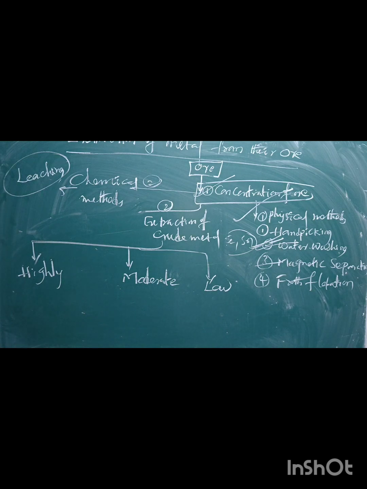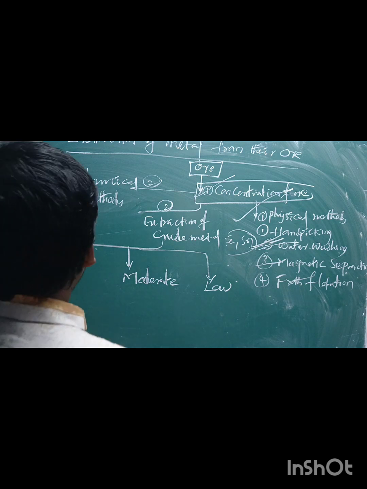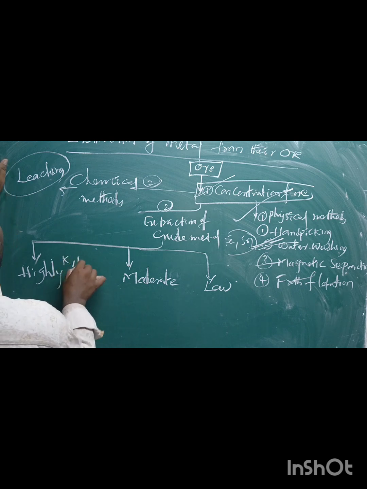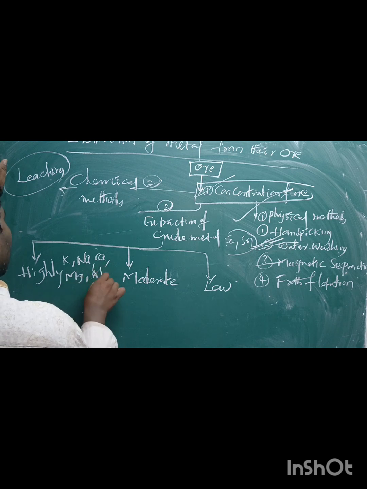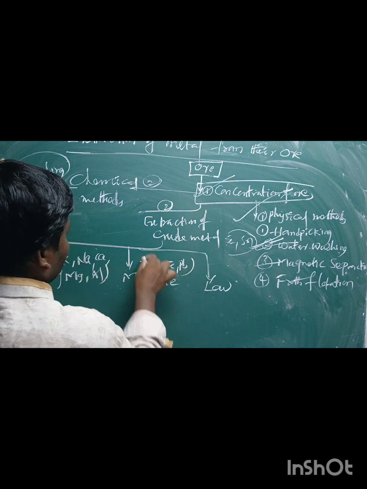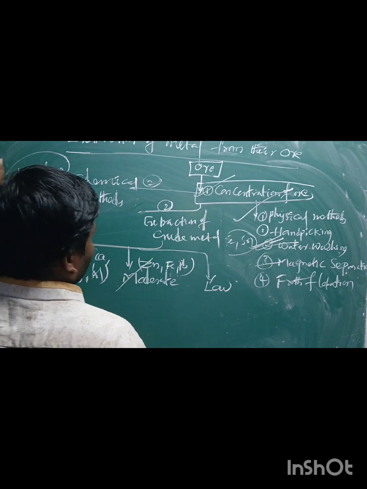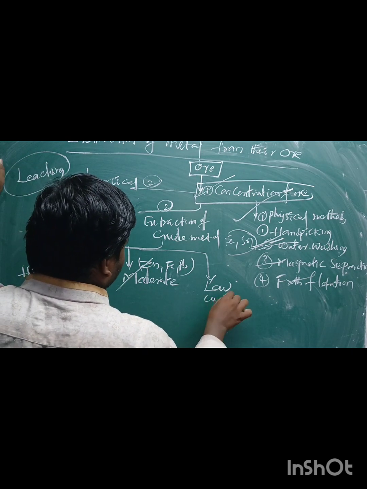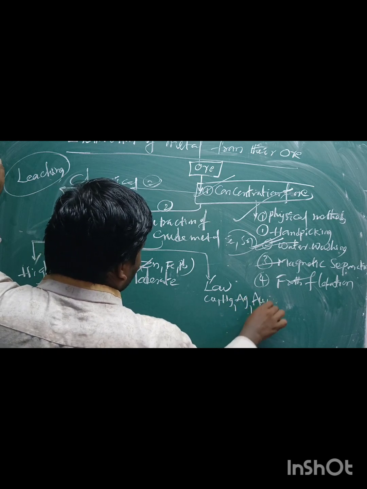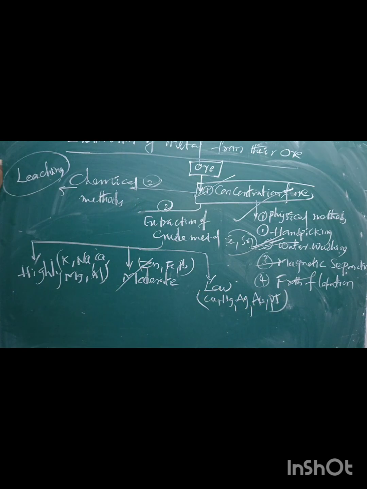Highly reactive metals like potassium, sodium, calcium, magnesium and aluminum. Moderately reactive metals zinc, iron, lead. Low reactive metals copper, mercury, silver, gold, platinum.